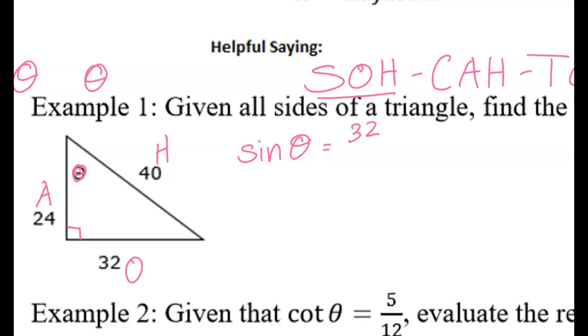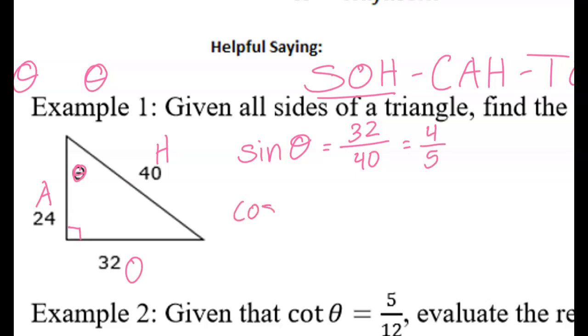So we have 32 over the hypotenuse, which was 40, and unfortunately, we always have to look and simplify. What does 32 over 40 simplify down to? 4 over 5. Wonderful.